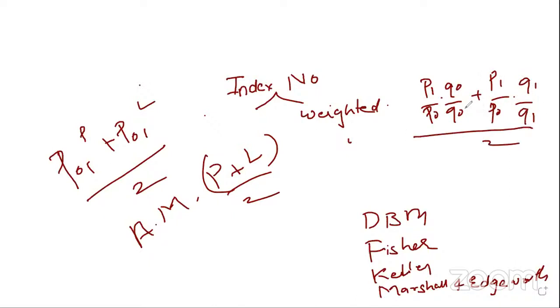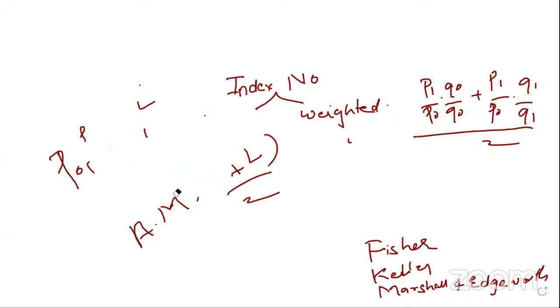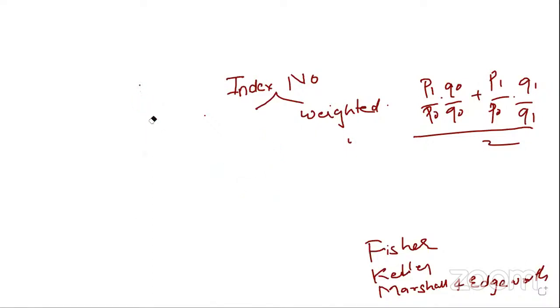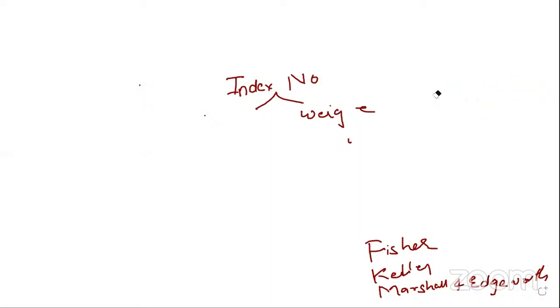That's it. This is your DBM. You remember it is AM. Here B is there, so I remember A. So DBM is ABM. You should be able to write all these formulas without any books, without anything. Just as I have taken one open slide, if an open slide is there, you should go on explaining. Like this, if you can do, then you are thorough with the portion and thorough with the subject. Okay. So I think DBM is also done, right? Understood? DBM is the arithmetic average of Laspeyres and Paasche index. Okay.